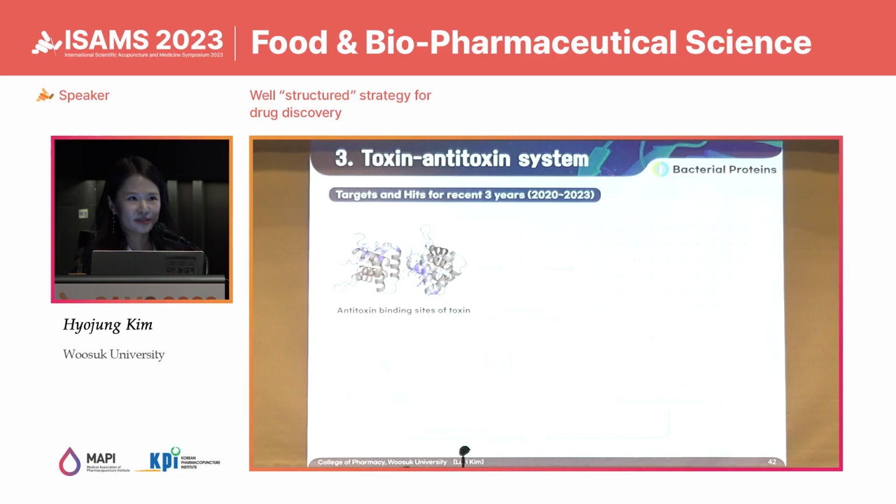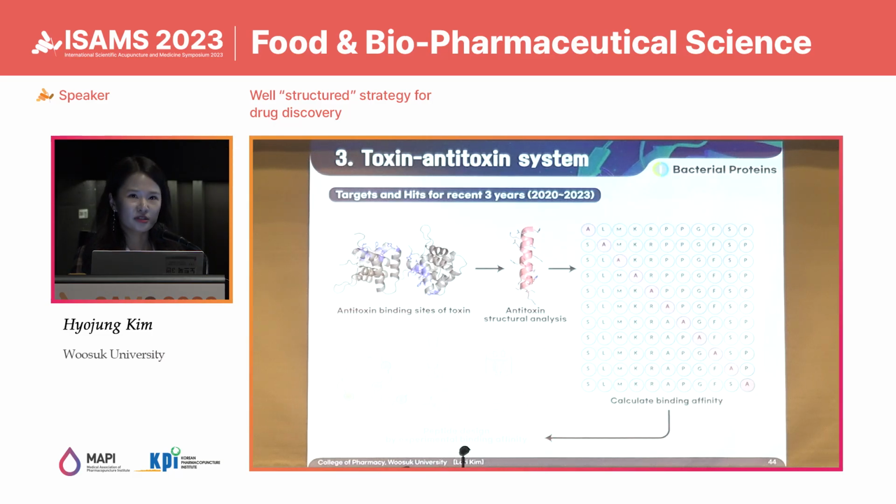So the research process is, if we have the toxin structure, the antitoxin is usually bound to the toxin, and I want to design a new peptide to dissociate this toxin and antitoxin pair. I need to figure out which amino acids will do the major function.